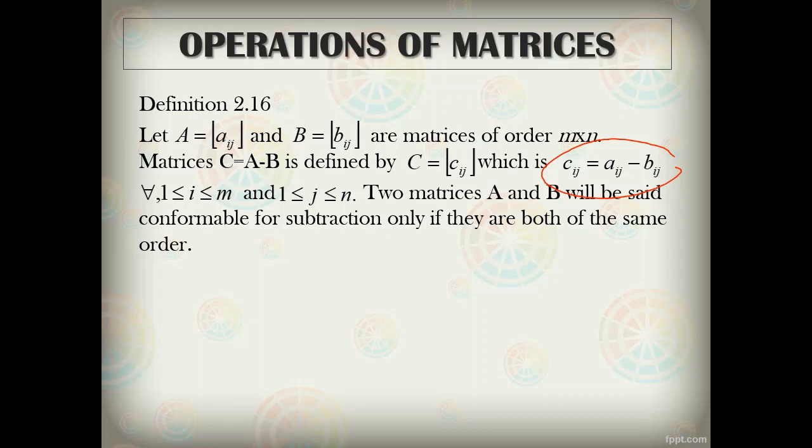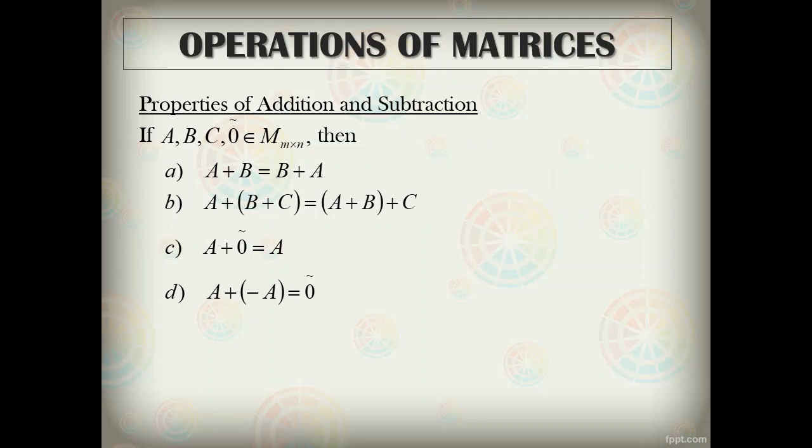You just need to make sure that they have equal order, and then you can perform the subtraction and addition. So these are the properties of addition and subtraction. This is just a common operation that we perform involving the subtraction and the addition of two matrices.